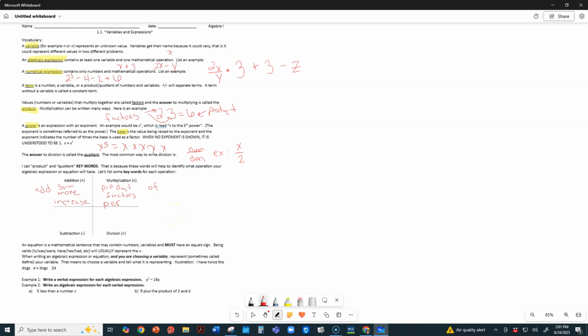Subtraction would be difference. We could have less. We could have the word subtract, decrease.